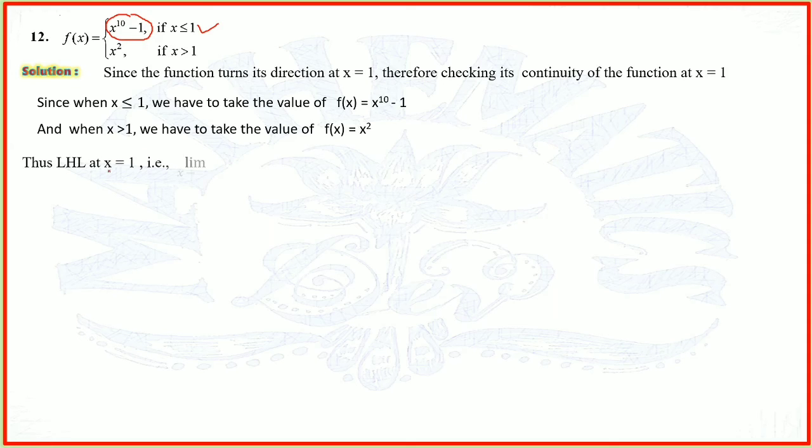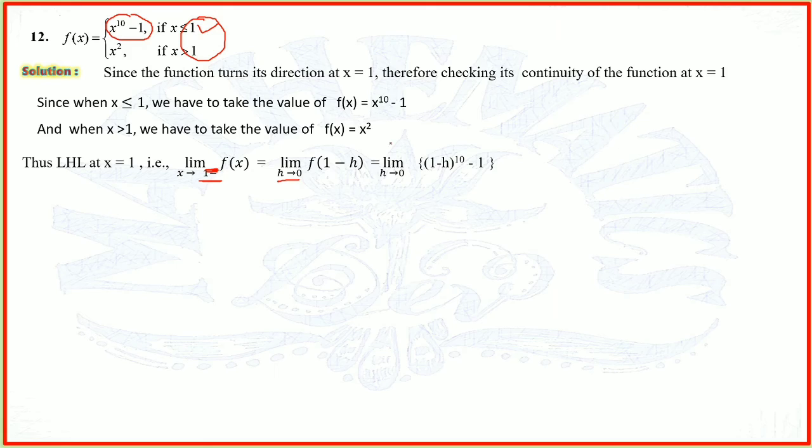So taking the left hand limit at x equal to 1, limit x tends to 1 minus f of x is equal to limit h tends to 0. Now as I told you, on the left side, that is 1 minus h, because 1 we are taking as the point of neutrality.